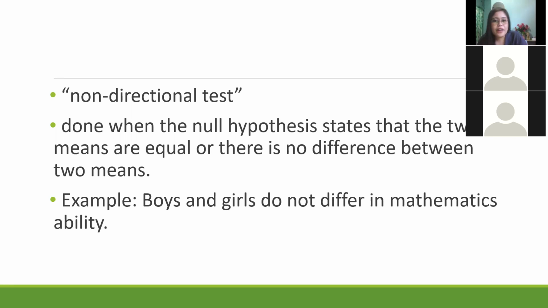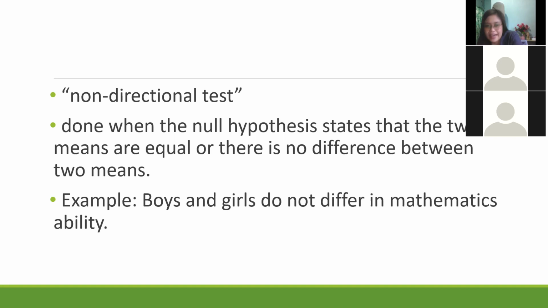So I hope you got the difference. If it says there is a difference but does not state how the two things or two persons or two groups of people differ, then it is a non-directional hypothesis. So you will be doing a two-tailed test.